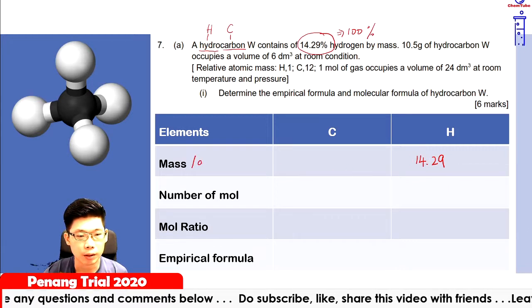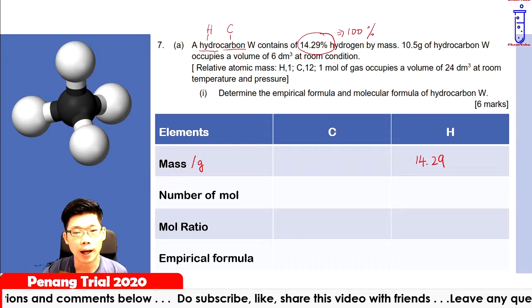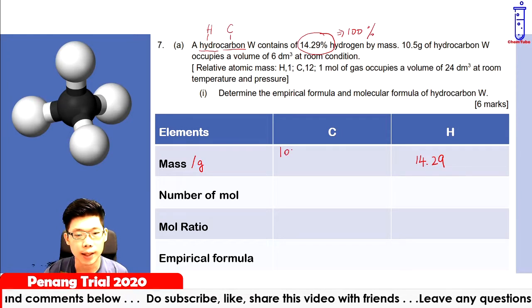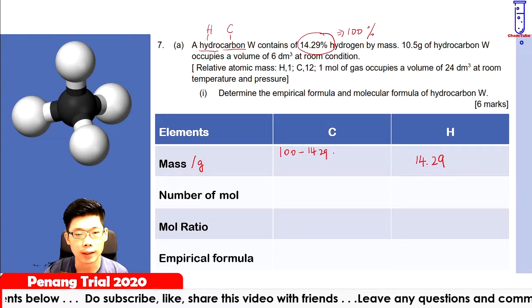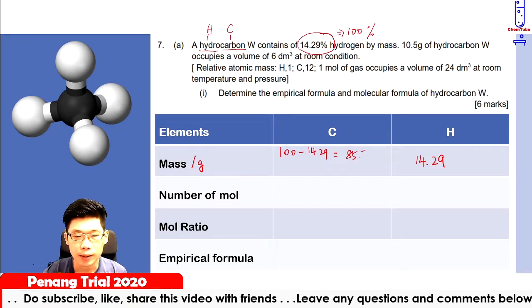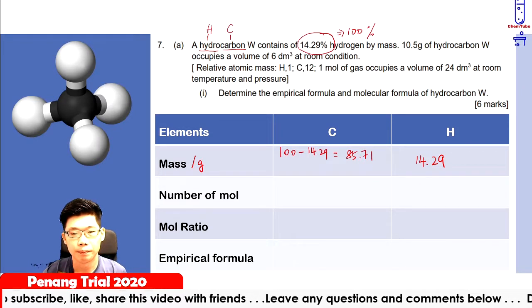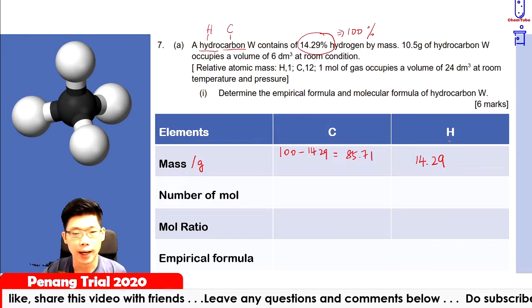Here you have to put in gram. In other words, the carbon is 100% minus 14.29, so you will get 85.71 gram. This is the mass for the carbon and the hydrogen.